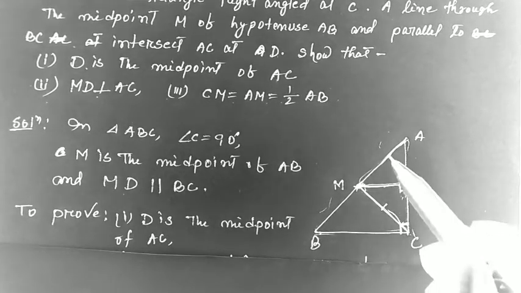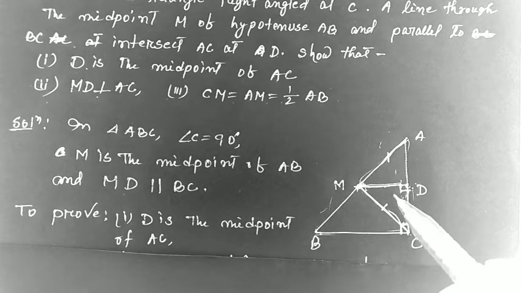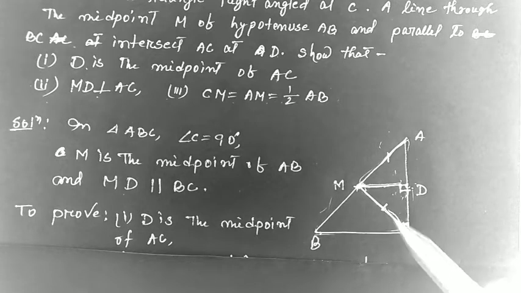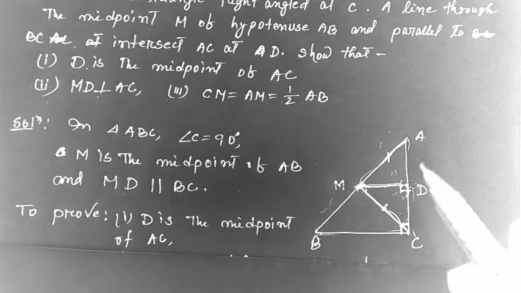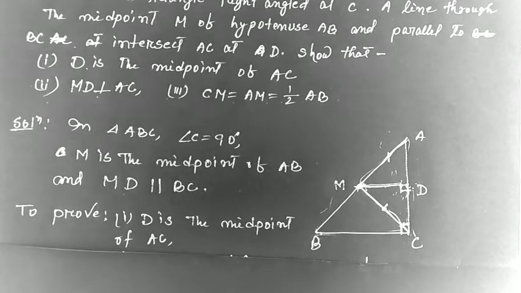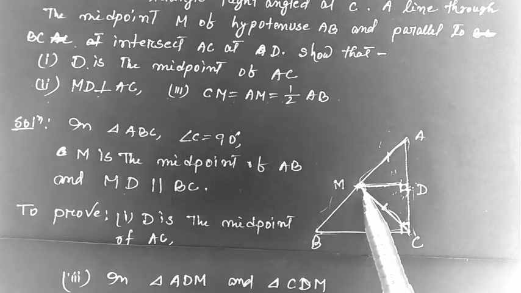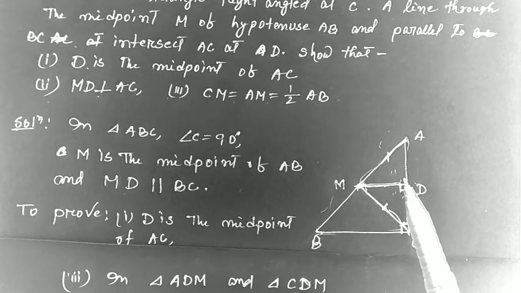So to show CM and AM equal, if we want to show these two sides are equal, then we have to consider these two triangles, and if we can show these two triangles are congruent, then we can prove that these two sides are equal. So considering these two triangles, triangle ADM and CDM.